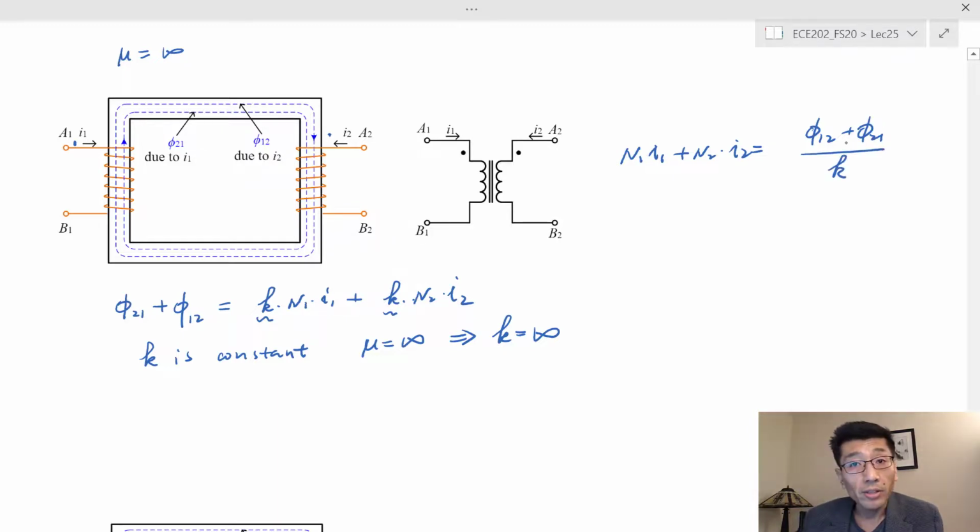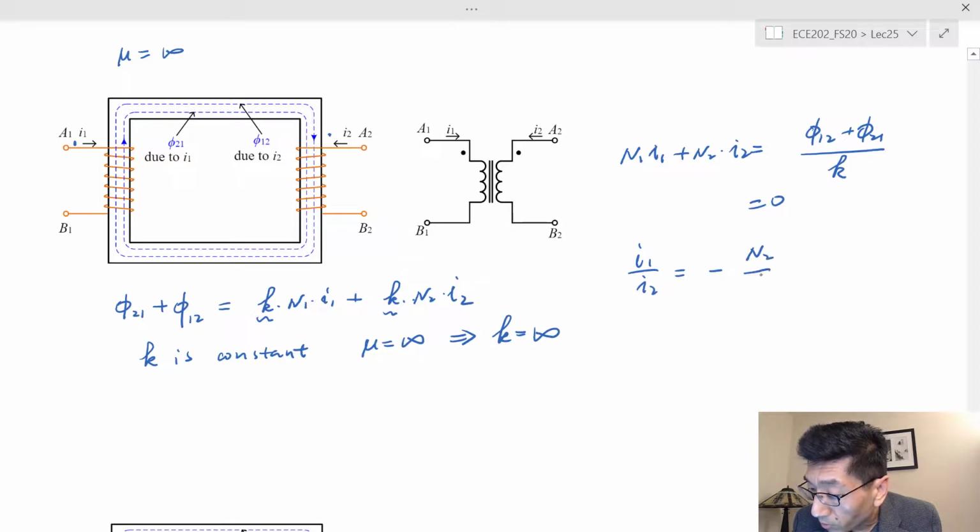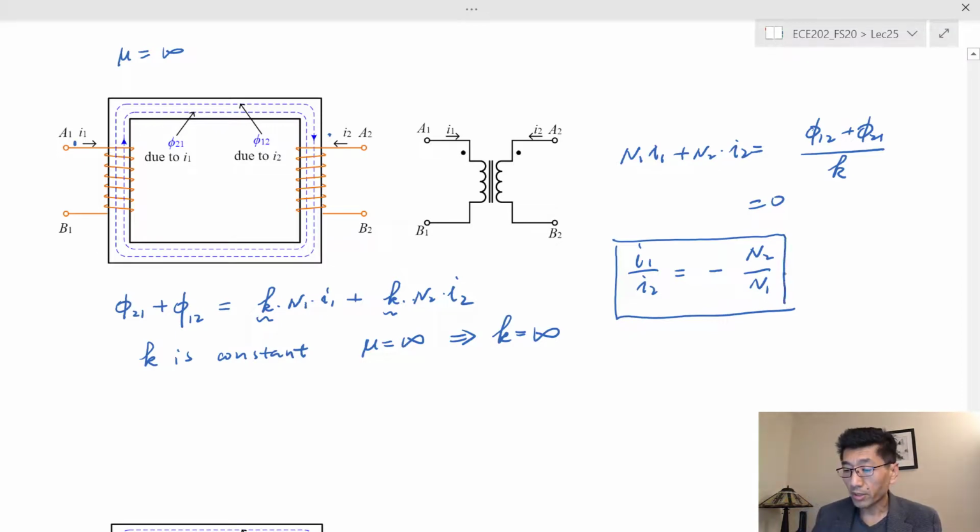And the fluxes are finite, right? So the k is infinite, so therefore you get a 0. So that's how you get I1 over I2 equal to negative N2 over N1. So that's the current ratio for this case.